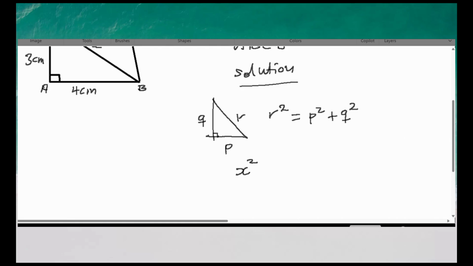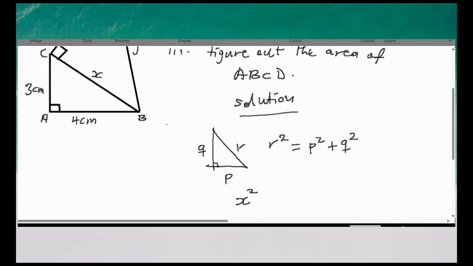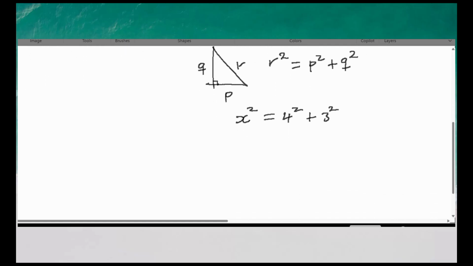From the diagram, comparing to the Pythagoras theorem, x is going to be the hypotenuse, or it corresponds to the R, right? We're going to have x squared equal to RP, which is 4 squared, plus RQ, which is 3 squared, right?